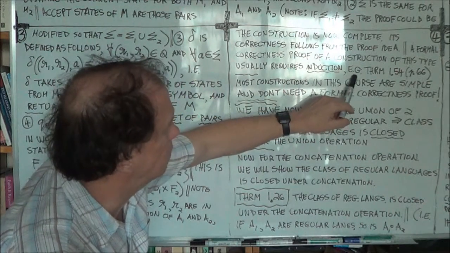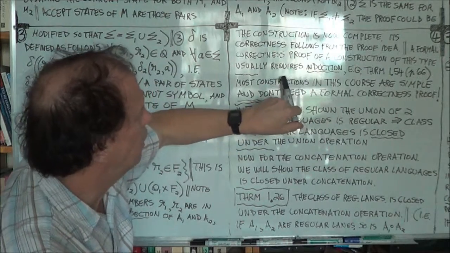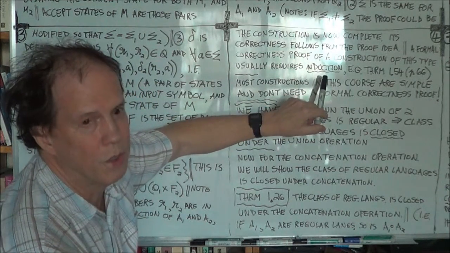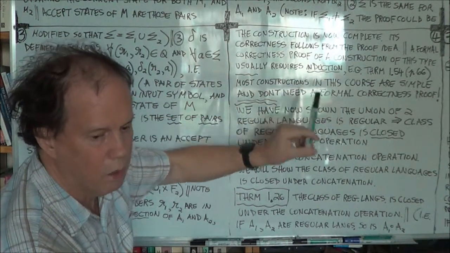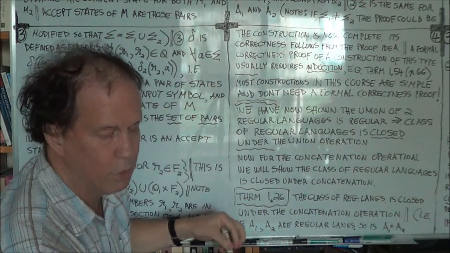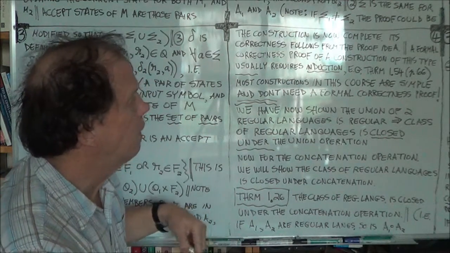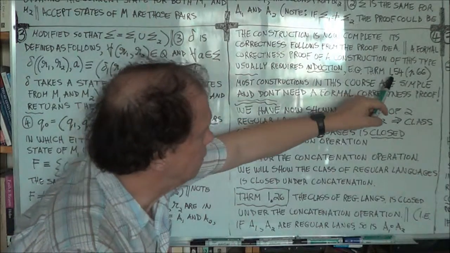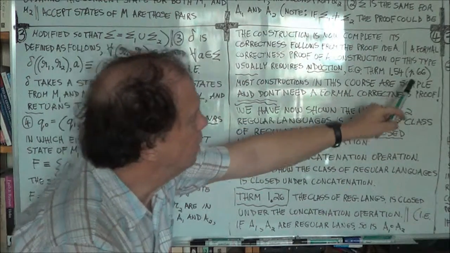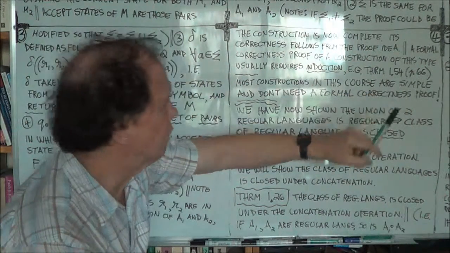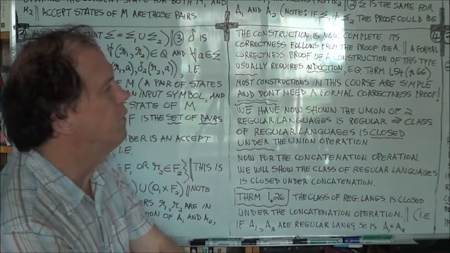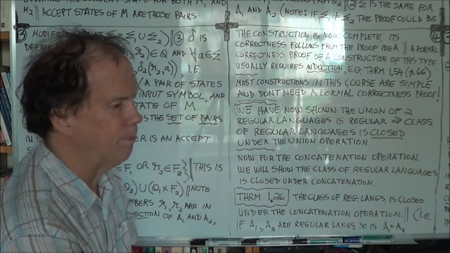For an example of using an inductive proof to show the correctness of a proof by construction, here's theorem 1.54, on page 66 of your text.